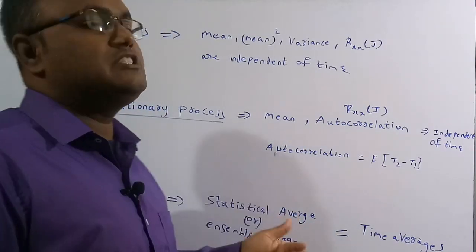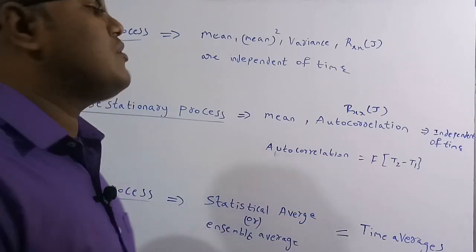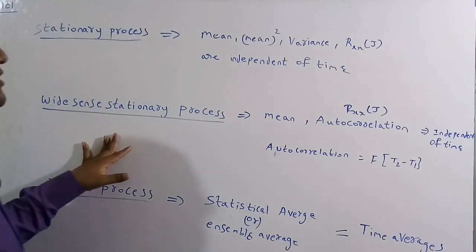Only these two things, the mean and the autocorrelation, R_x of tau. The autocorrelation is a function of the difference of time, not of a particular time value. So if in a random process the mean is independent of time and the autocorrelation is a function of the difference of time, then that process is said to be a wide sense stationary process.